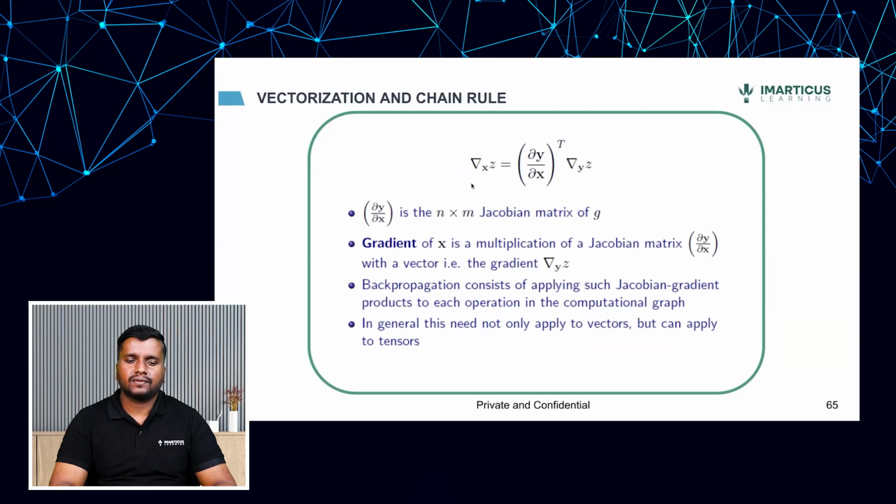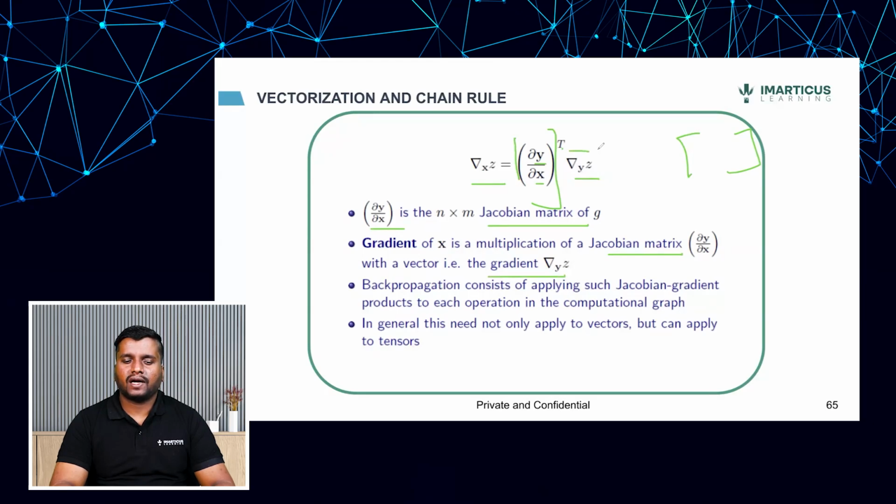This is our notation of the chain rule: the transpose of the partial derivative of y with respect to x, multiplied by the gradient of z with respect to y. The partial derivative of y with respect to x is the n by m Jacobian matrix, and we are taking its transpose. The gradient with respect to x is the multiplication of the Jacobian matrix with the gradient vector of z with respect to y.